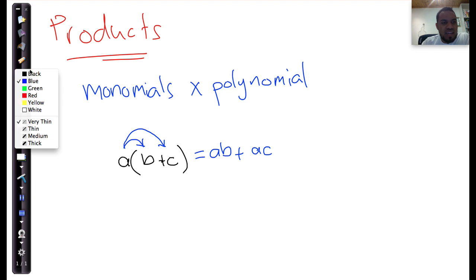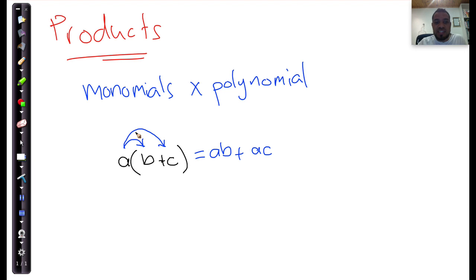And remember, the a is just a placeholder. It's just taking up the space for something that belongs over there. So that's expressed in general. I could have made it a triangle multiplied by open bracket square plus heart. That follows the exact same rule.